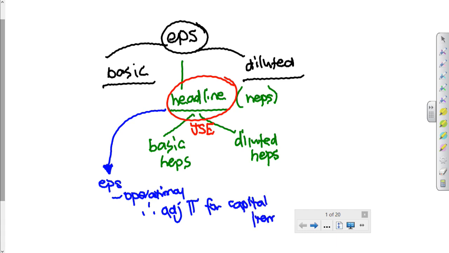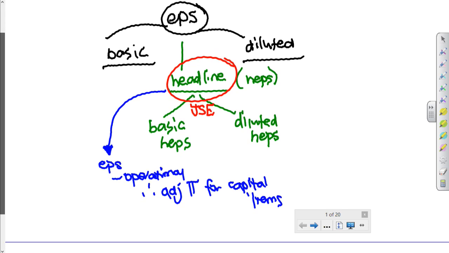and the calculation is done as follows: if we're doing basic HEPS, we take basic profit and adjust it for capital items. If we're doing diluted HEPS, we take diluted profit and adjust it for capital items.